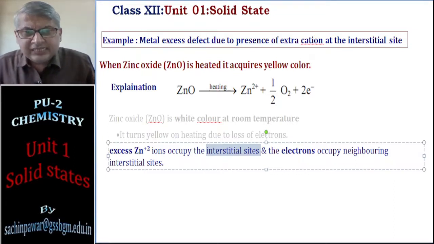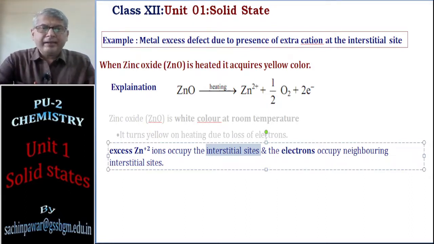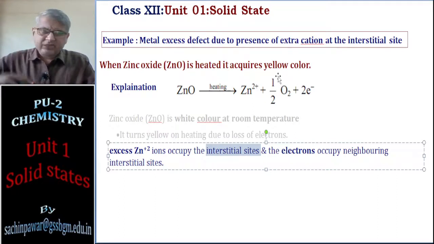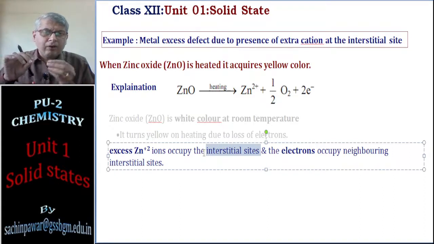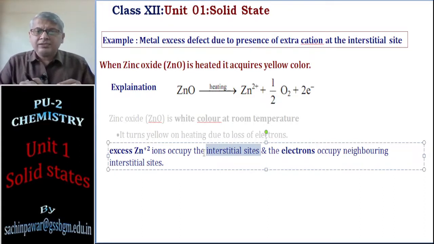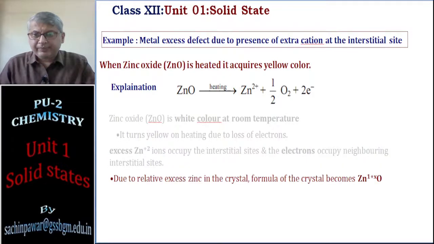When they go to the interstitial site, the electrons start vibrating, and because of the vibration the energy emitted corresponds to yellow color, so the electrons are again responsible for imparting the color. So you see, in sodium chloride the color is imparted due to anion vacancy, and in zinc oxide the color is imparted due to occupancy of zinc plus 2 ions and electrons in the interstitial sites. So I have covered one example each for that purpose. Okay, let's go into the next.